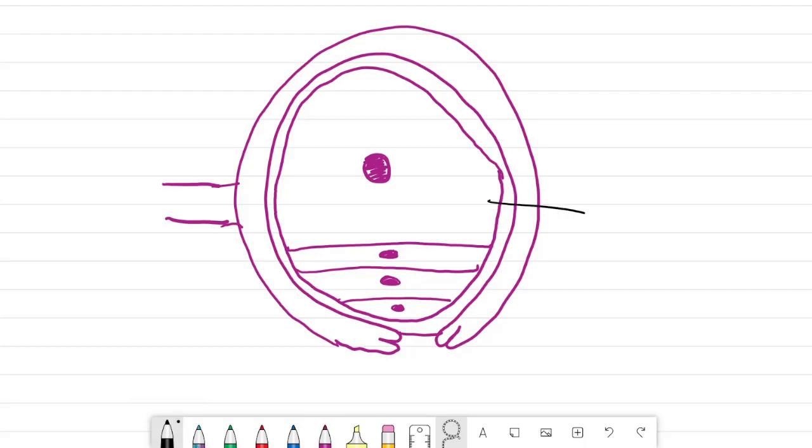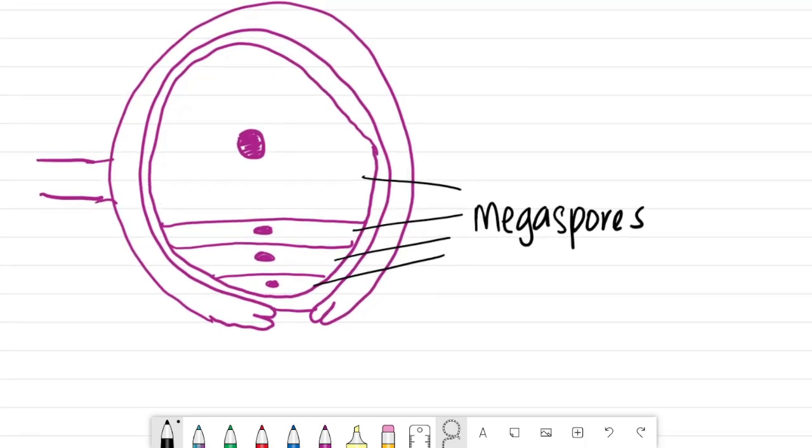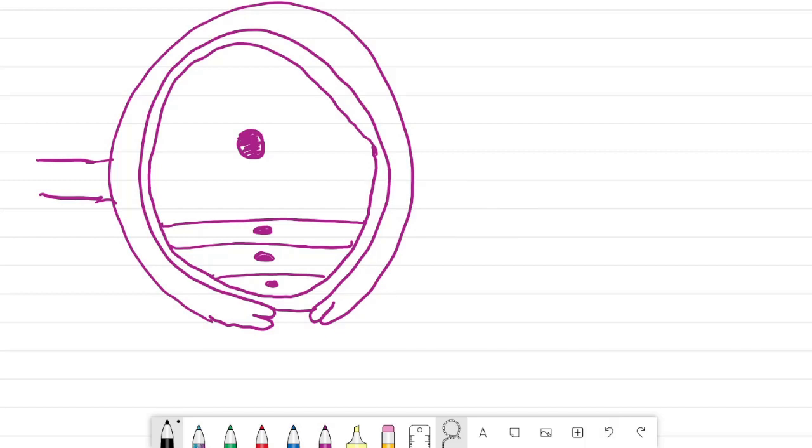So each of these are megaspores. But as you remember from the lecture, only one of these megaspores will survive. So I'm going to delete here. The biggest one is usually the surviving megaspore.